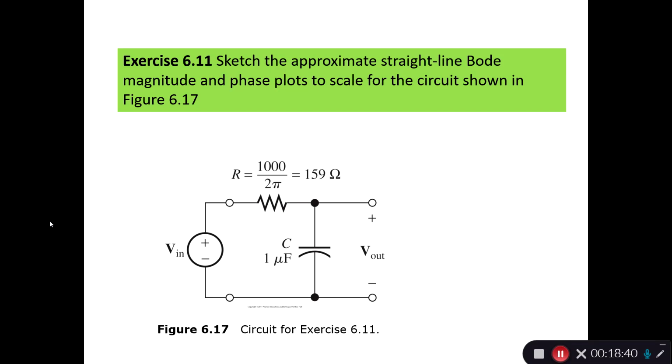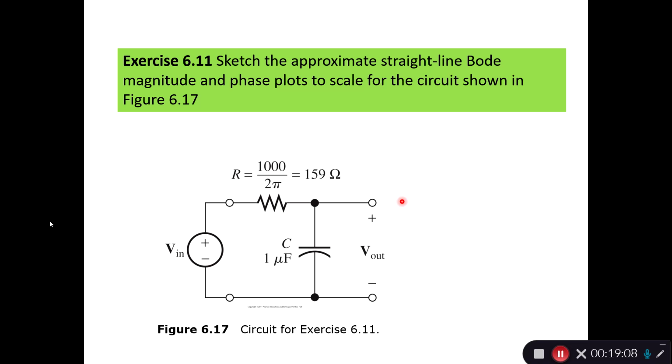So let's see a small example. In this exercise 6.11, sketch the approximated straight line Bode magnitude and phase plot to scale for the circuit shown in figure 6.17. So we have this circuit. It is a low pass filter.